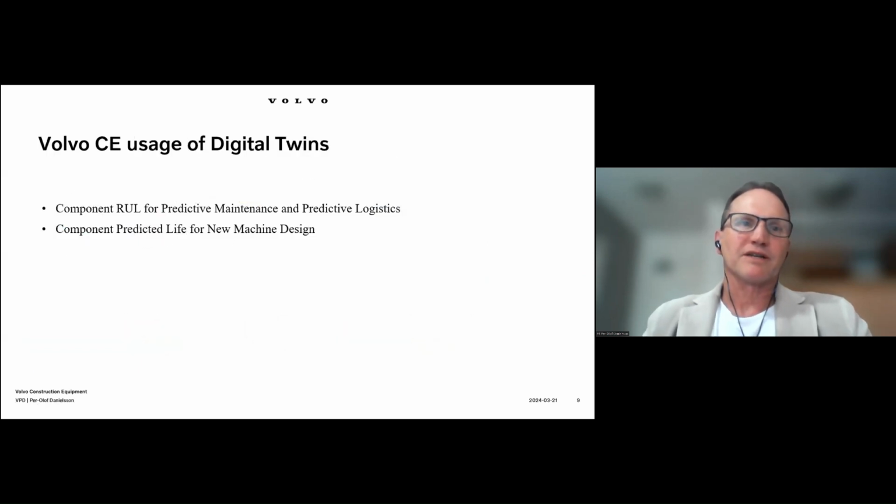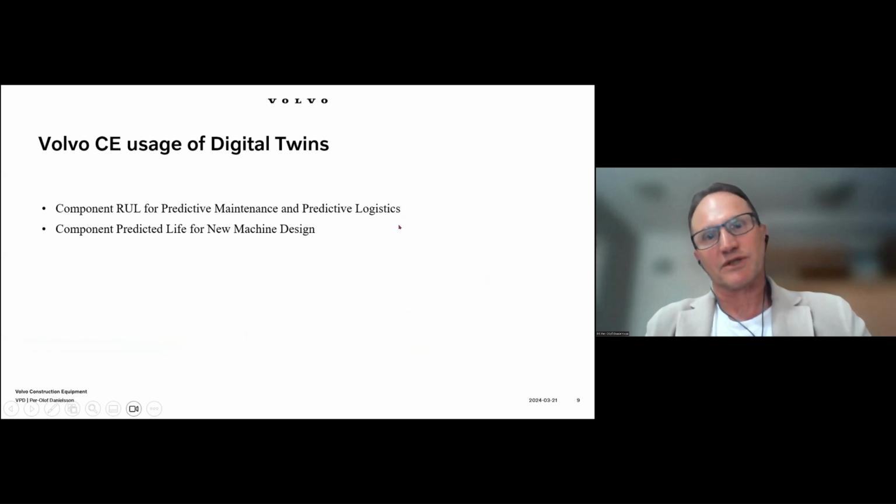Some applications for us of the digital twins. I have two examples. One is component remaining useful life for predictive maintenance and predictive logistics. This is very important because we have machines in very remote locations, and if a component breaks, it is really bad if we don't know it in advance.